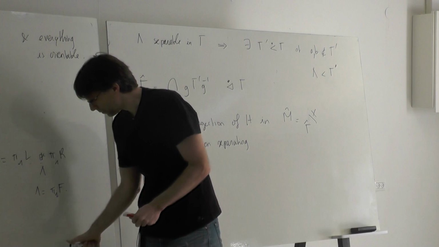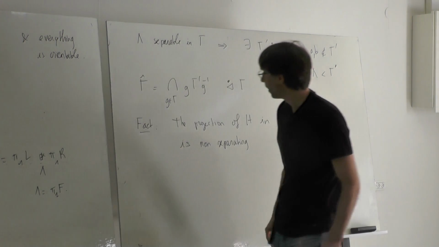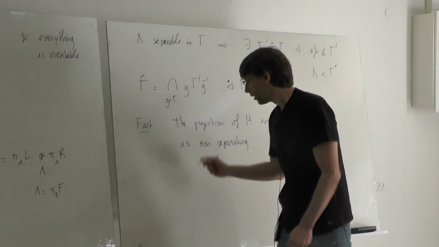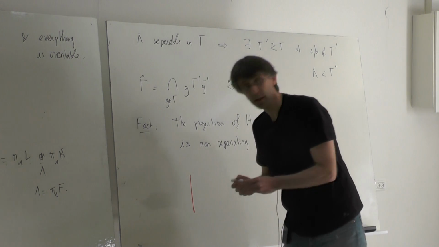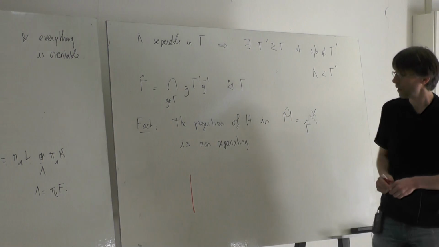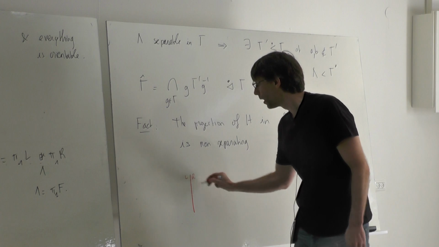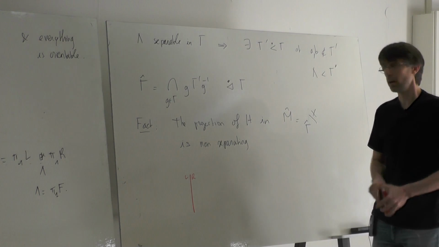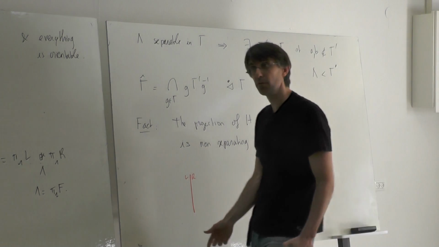And why is it true? Because take the projection. It is two-sided, so there is a left and right side of this projection in the manifold.